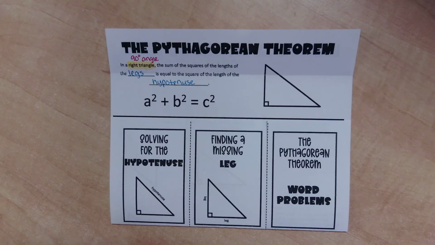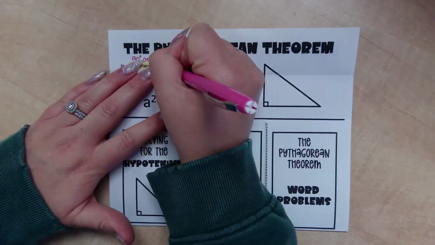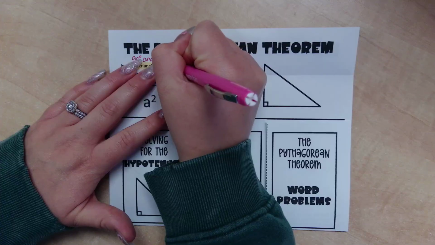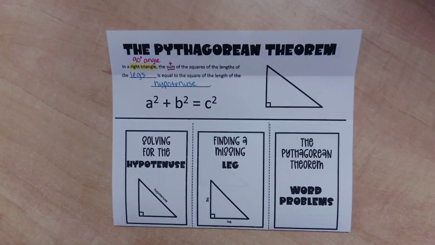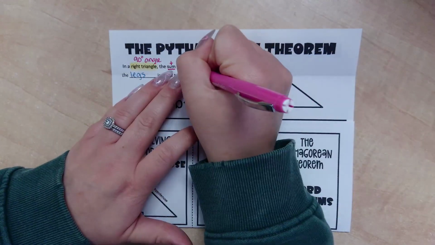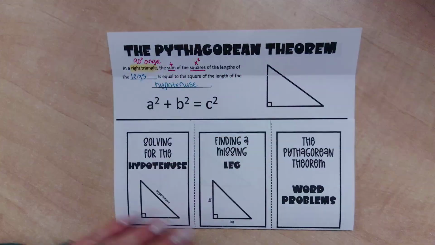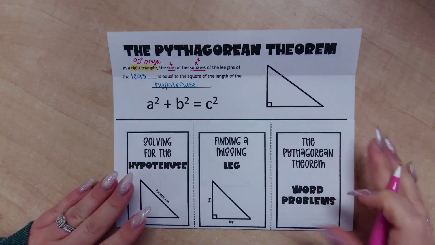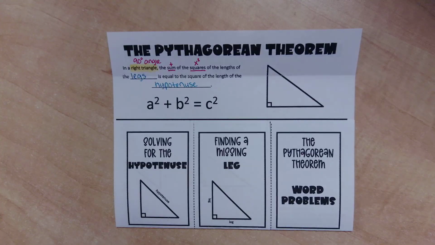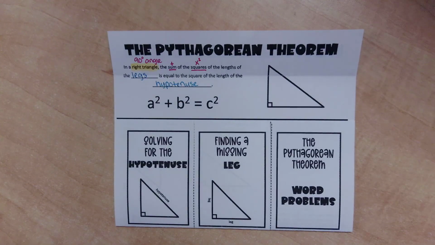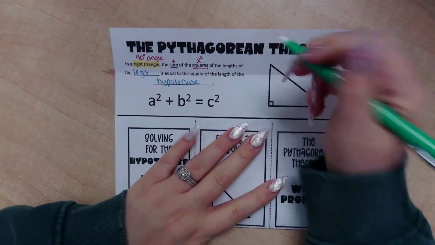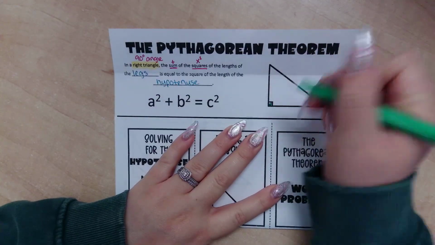If you have such, you will be able to use the sum, which y'all should know is the addition sign, of the squares, which again we've talked about in the past is a number to the power of 2, of the lengths of the legs. Now, I want to talk about the legs for just a second. The legs are adjacent to the right angle. So if you look over here at our image, you can see the right angle is right here.